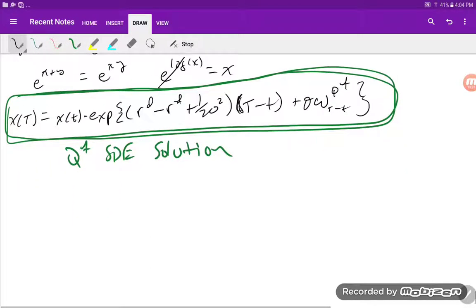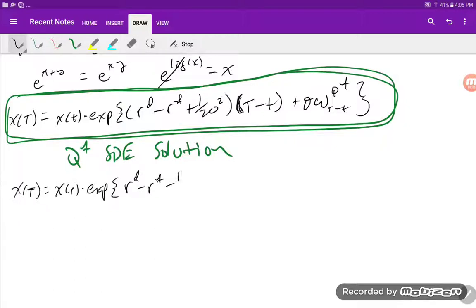And just to have it here, let me write the other one. It's just rd minus rf minus 1/2 sigma squared times (T minus t) plus sigma W^Qd.